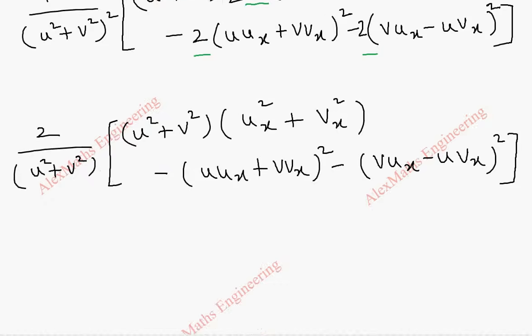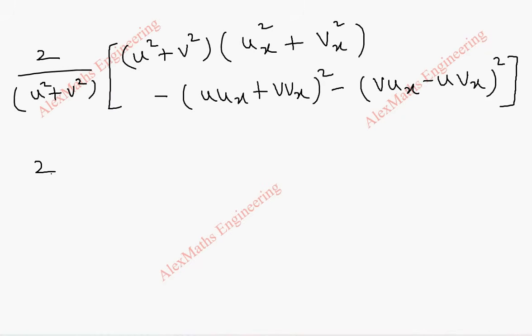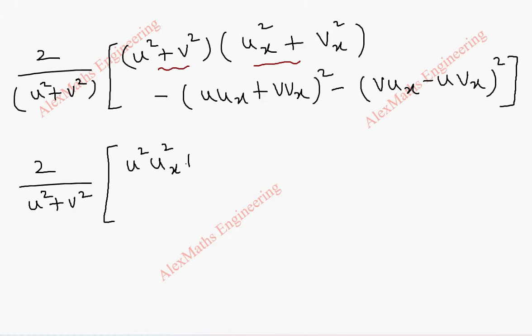After this, it is purely expansion. So outside we have 2 by u square plus v square, and now we multiply each term with this. So we get 4 terms: u square ux square plus u square vx square plus v square ux square plus v square vx square. And this also we are going to expand, and there's a minus sign common, so I am going to take minus for everything.